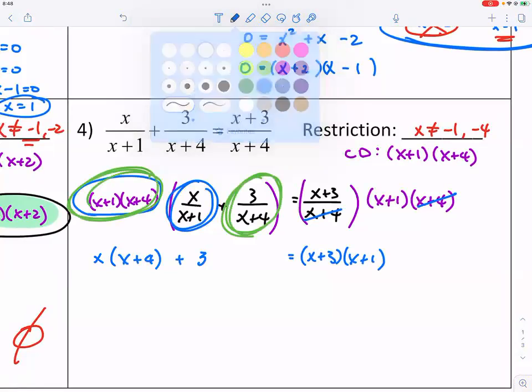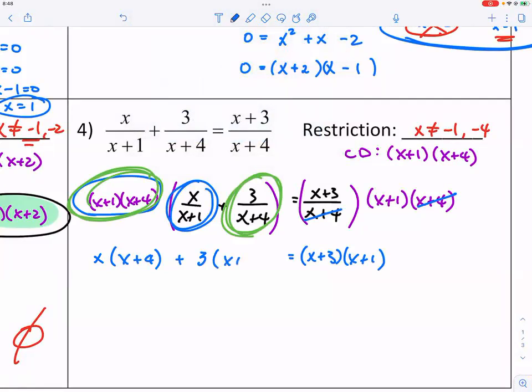So you are left with 3 times x plus 1. So you will do FOIL on the right, and you would expand on the left.